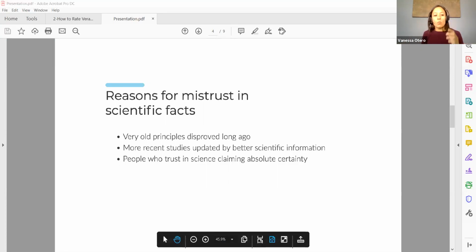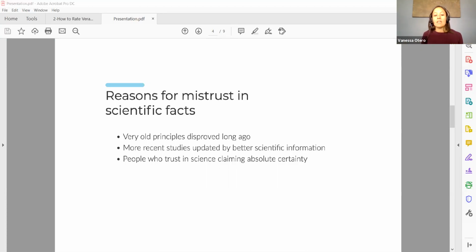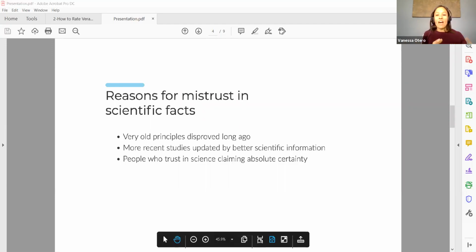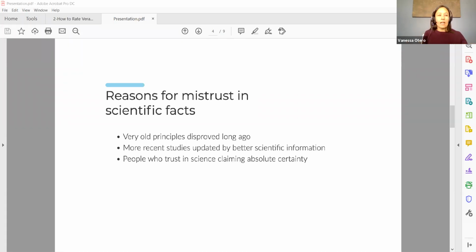They'll also point to more recent examples of studies that were replaced and updated by improved studies. Annie Duke also talks about this in her book, but for a long time, the scientific literature around nutrition was about how fat in your diet causes you to be fat. And it turned out not to be true.